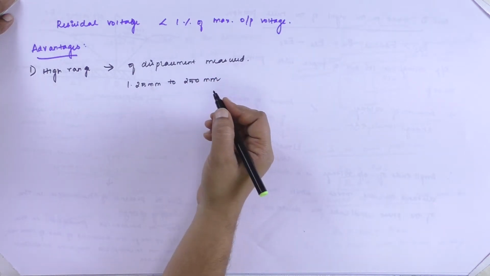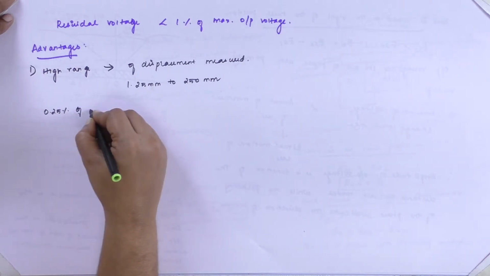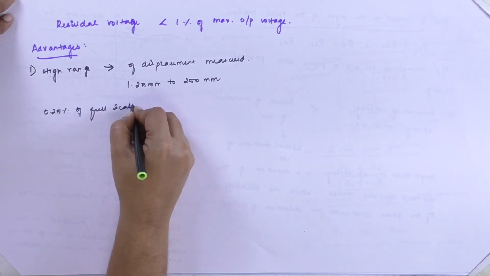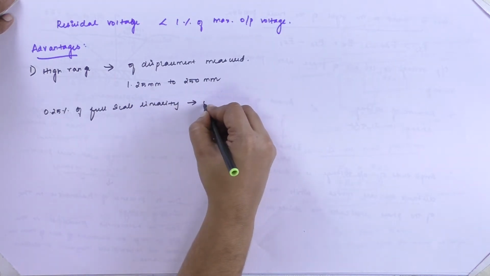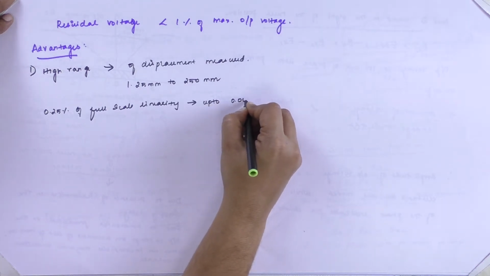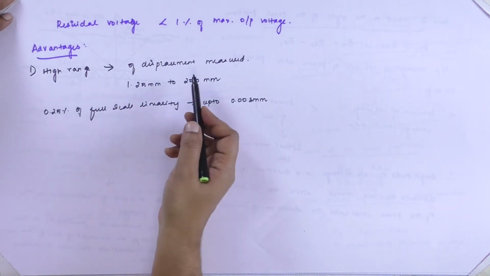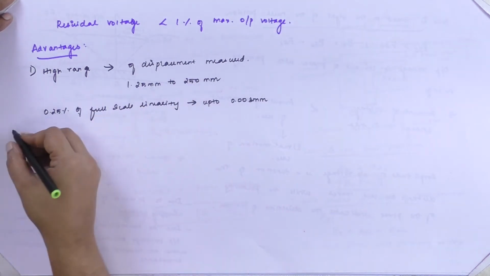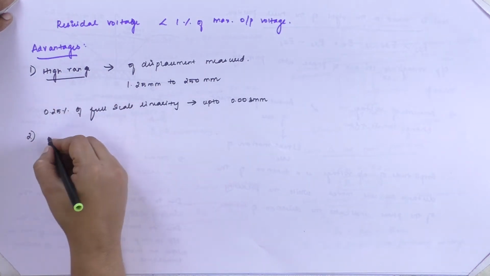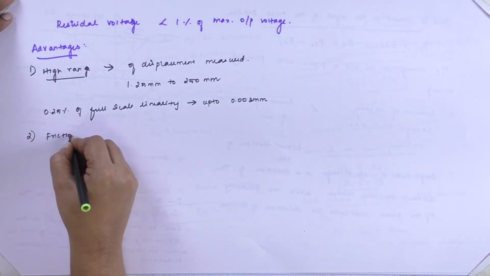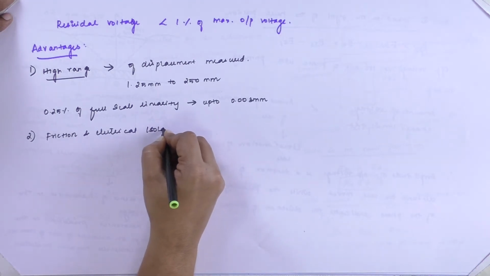And also 0.25% of full scale linearity can be obtained, and a minute displacement of up to 0.003 mm can also be measured with the help of this LVDT. So the LVDT has a higher range. Second one, friction and electrical isolation.